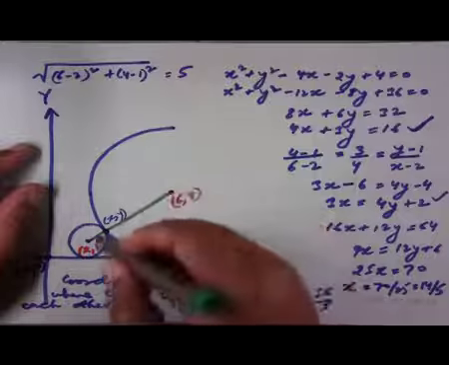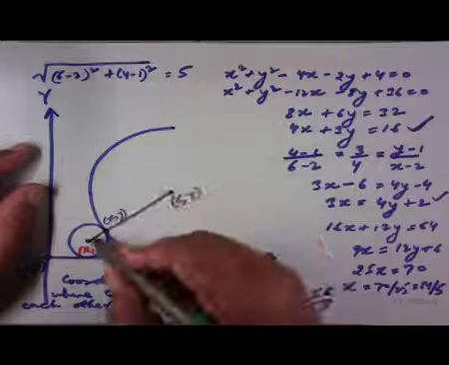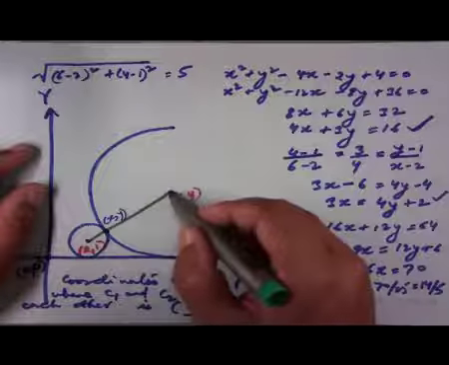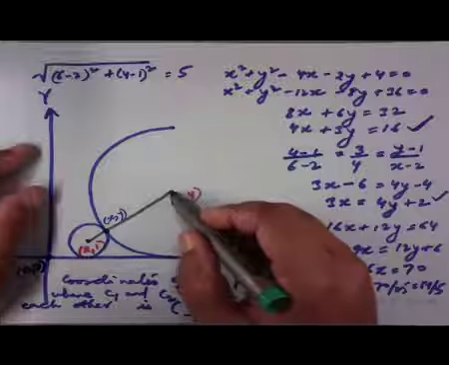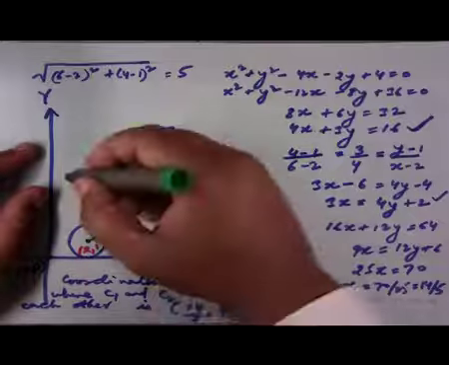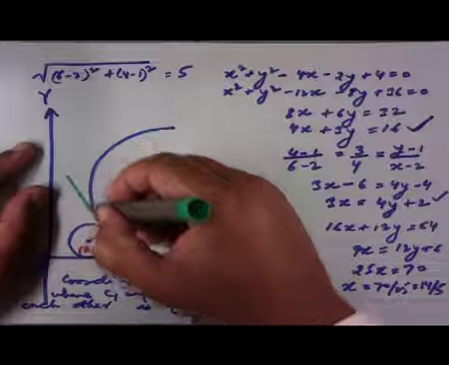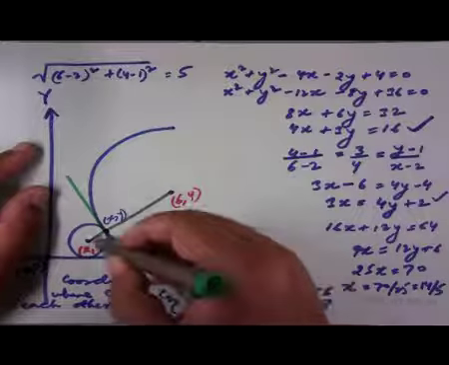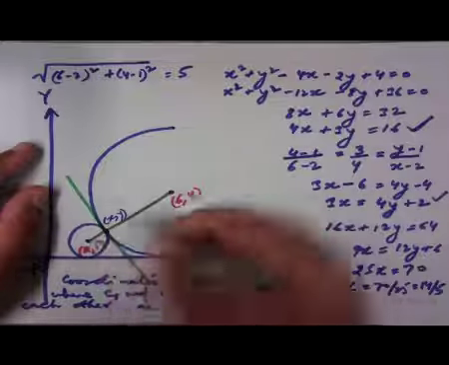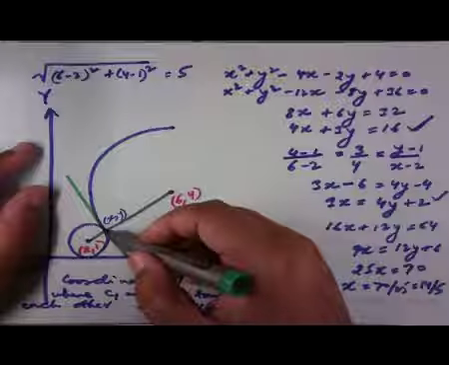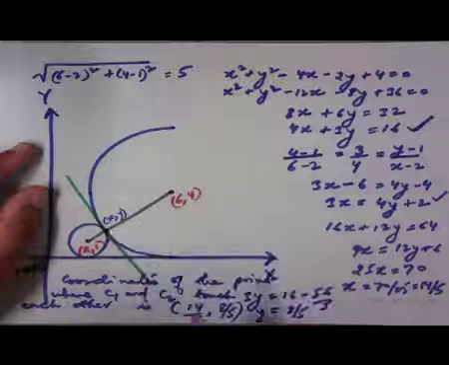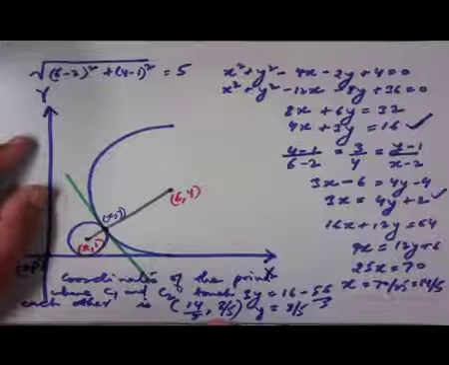Obviously, that has to be perpendicular to this line joining the two centers of the circle. So, it will be something like this. It will be perpendicular to this straight line drawn in black, and it will also pass through this point of contact, whose coordinates we have just found out now.